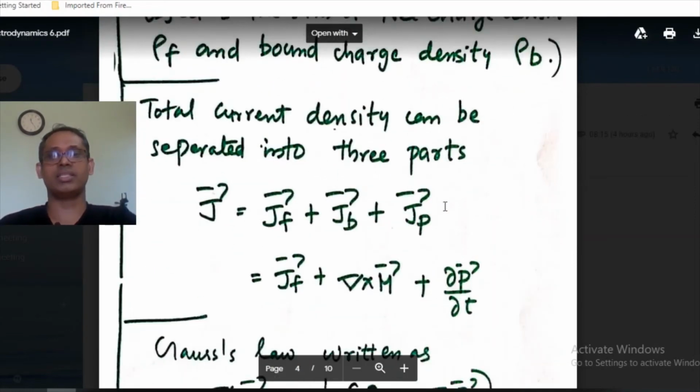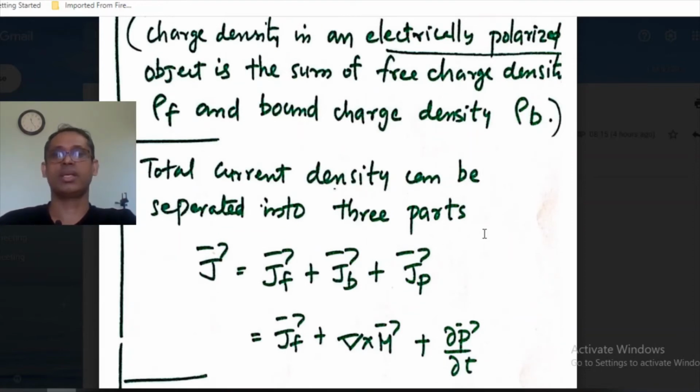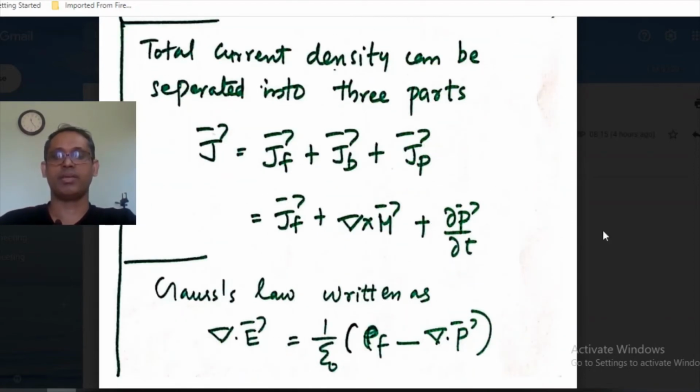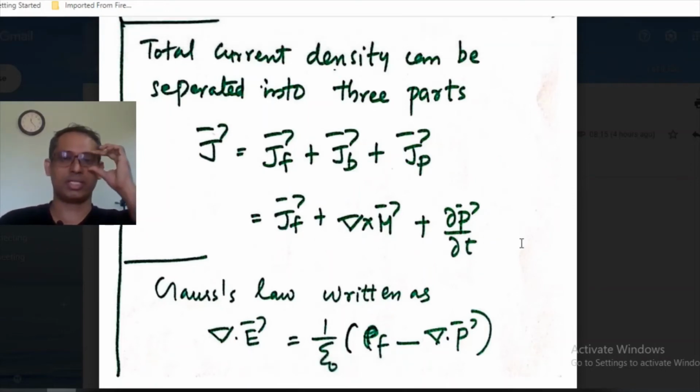Same way, that is for charge density. For current density, the total current density can be separated into three parts. J is equal to JF plus JB plus JP. J, the current density, is JF, the free charge current density, JB, the bound charge current density, and JP, the polarization current density. We know JB is del cross M, where M is the magnetization.